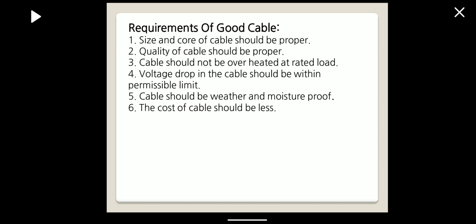The quality of the cable should be proper. The cable should not be overheated at the rated load. Next, the voltage drop in the cable should be within permissible limits. The cable should be weather or moisture proof. And the last one is that the cost of the cable should be low.